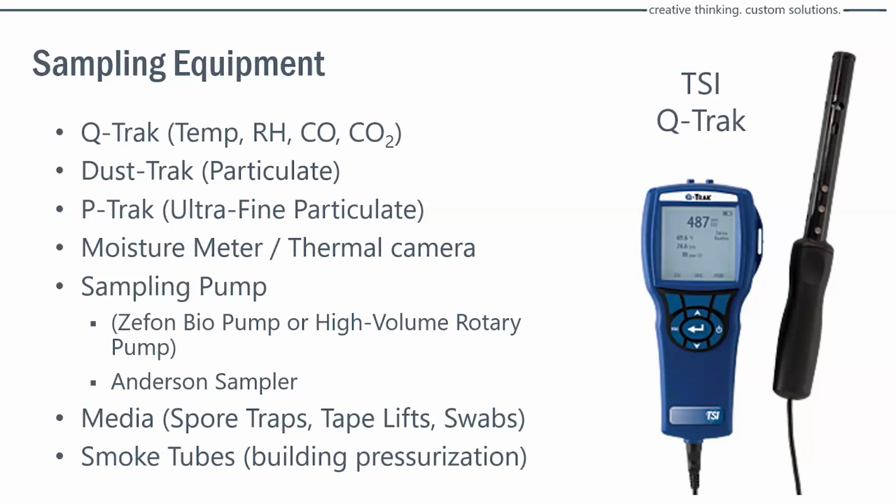It used to be Andersen samplers and petri dish plates that you would collect air on and then send off for culture, and they would sit and grow, and you'd see what viable things were in the air. But for the most part, we're using spore traps, and they collect viable and non-viable particles, and they just draw the air in and impact any particles on an adhesive strip in the cassette.